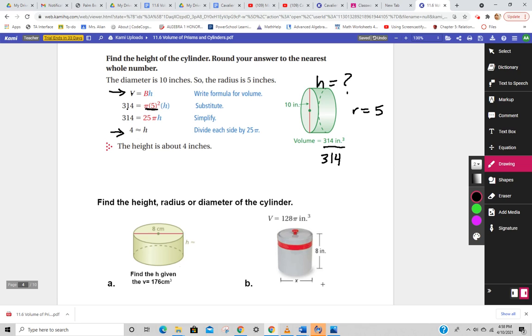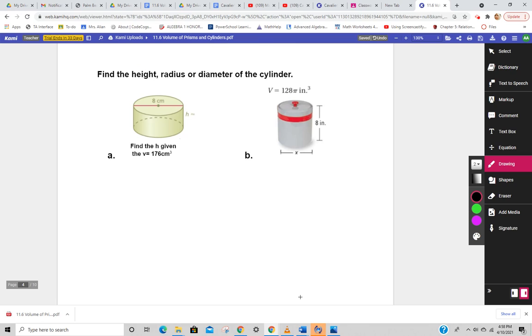4. So let's try some examples. We've been given the volume. The volume is 176 centimeters. So let me write the formula. Volume equals pi r squared times h. I've been given the volume. That's 176. Pi is just pi. I've been given the diameter.